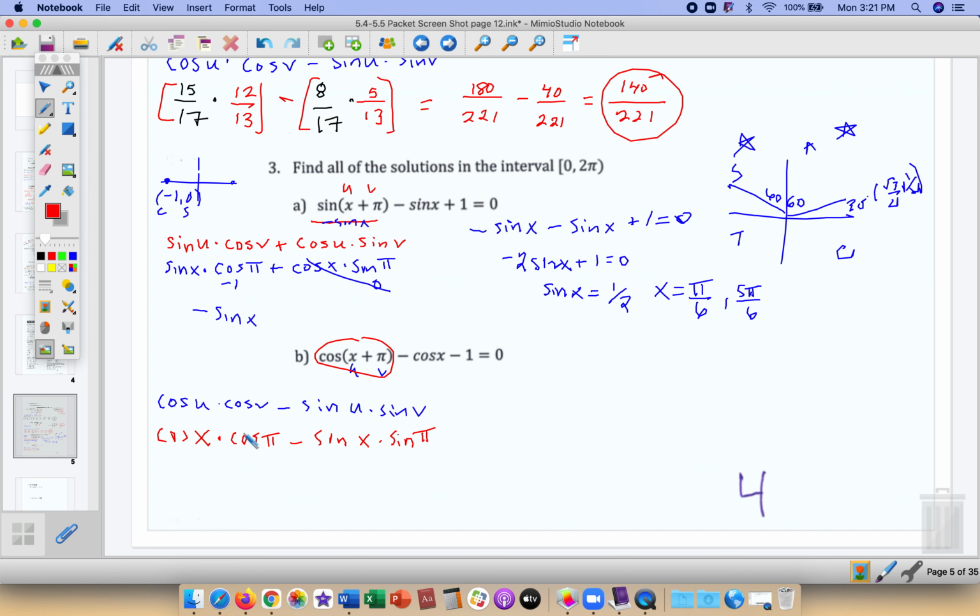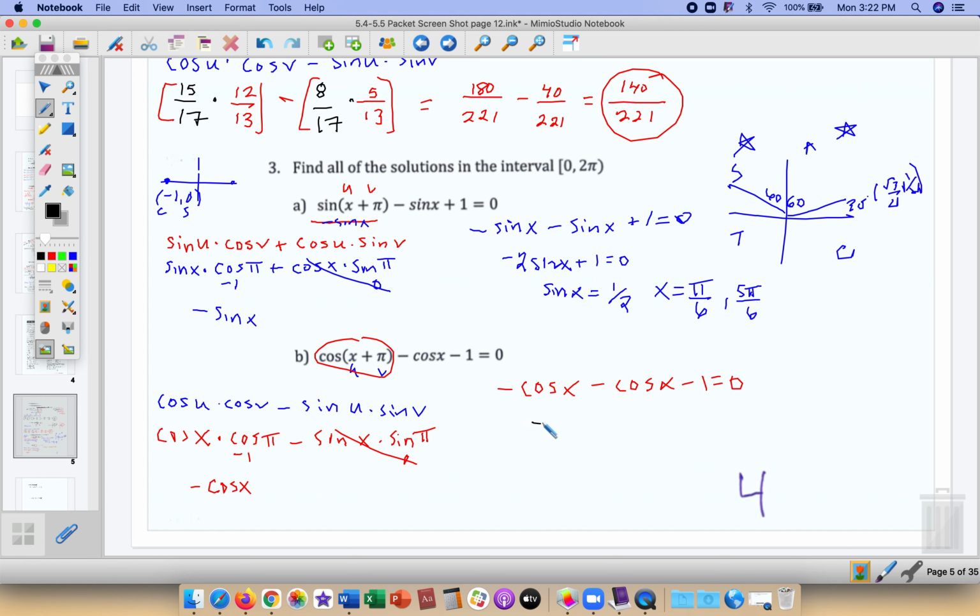We know that cos at pi is negative 1. So here this is negative 1 times cos is negative cos x. Sine at pi is 0, and 0 times that's gone. So all of this simplifies to negative cos x. So over here we're going to write negative cos x minus cos x minus 1 equals 0.